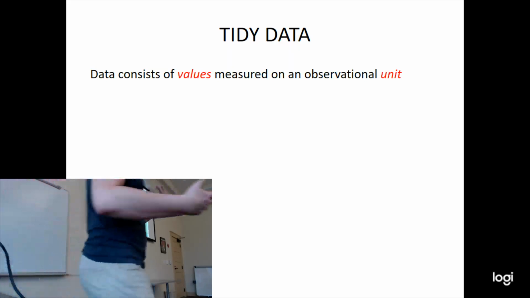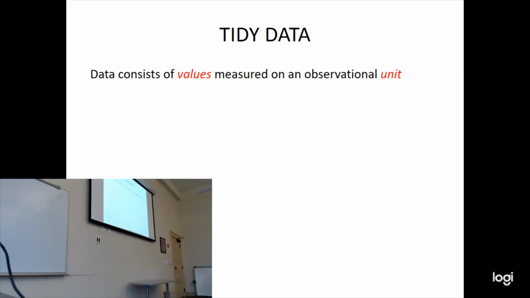One part of that structure is that often data refer to certain units of analysis. A unit of analysis could be a person, a school that person belongs to, or a business.